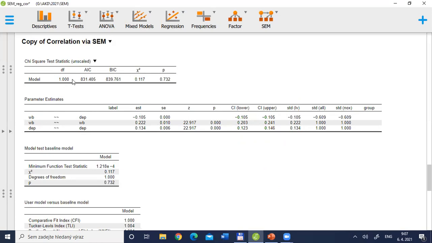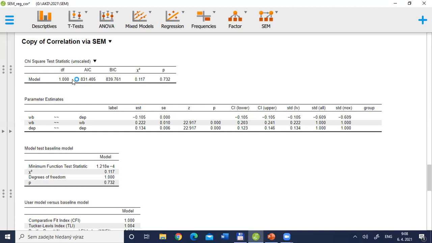add some comments about the meaning of this chi-square test, which is applied in structural equation modeling. This test is based on the following set of hypotheses. Null hypothesis says that our model is good.